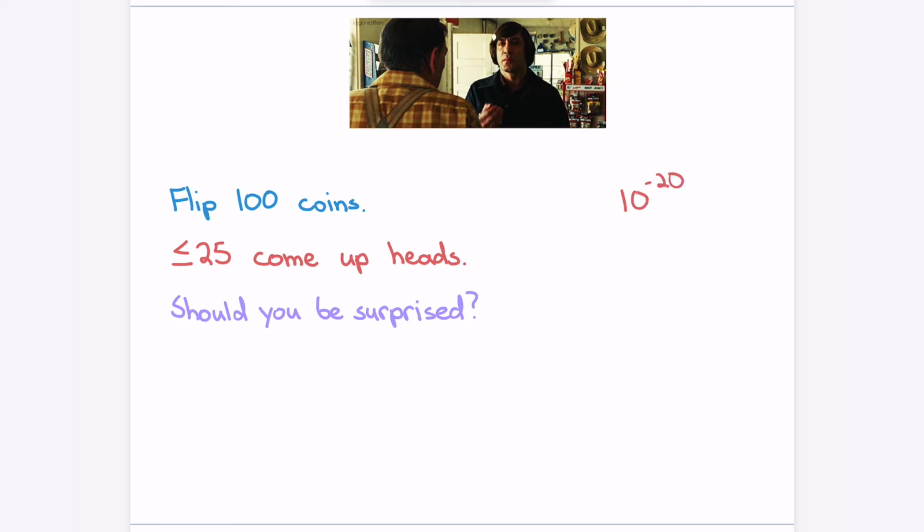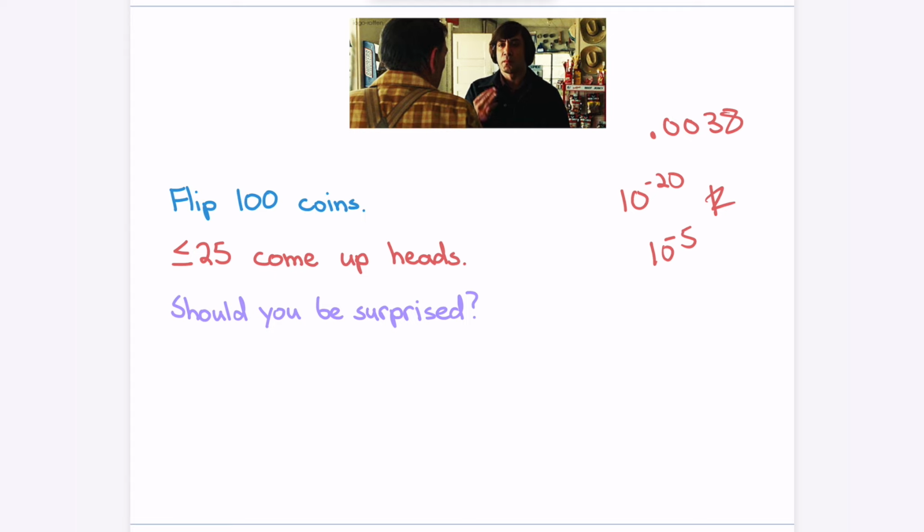Okay. 0.0038. Awfully specific. 10 to the negative 5. These are all probabilities between 0 and 1.